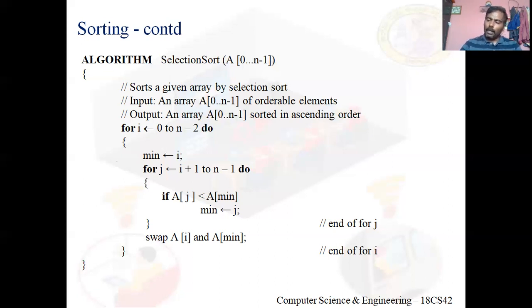Suppose I increase n to whatever the value, in this case in selection sort, the extra memory I require is only 3 memory locations, one for i, one for min, one for j. So if n is 1000, 3 is negligible, right?